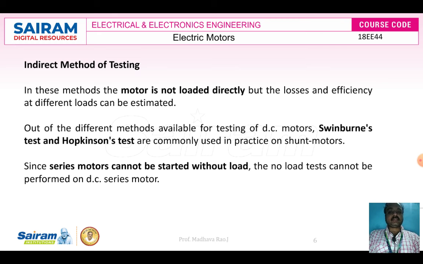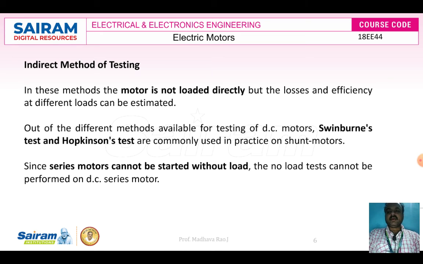The field test is an exception. The field test is also an indirect method of testing, but there we apply the load. In other methods like the Simmons test, Hopkinson test and retardation test, we test the motors at no load condition, but the field test is used to test the DC series motor, and there we use load.